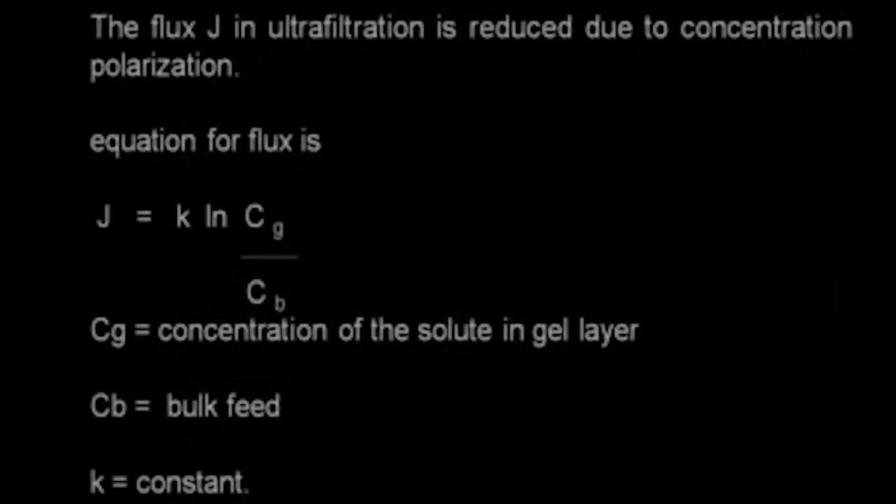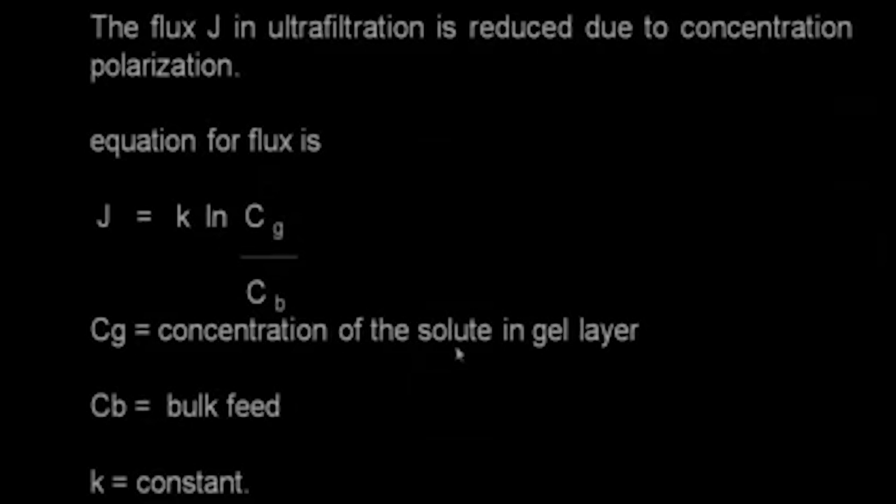Now in ultrafiltration, the flux is based on the concentration polarization. So there is going to be a build up of the solute concentration on the upstream side. Because of that the flow of the solute is getting disturbed, and if you remember, a couple of classes back I talked about the concentration polarization and an equation for the flux, J, the flux, is equal to K logarithm Cg by Cb.